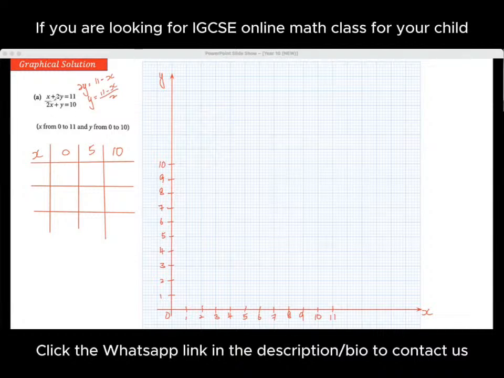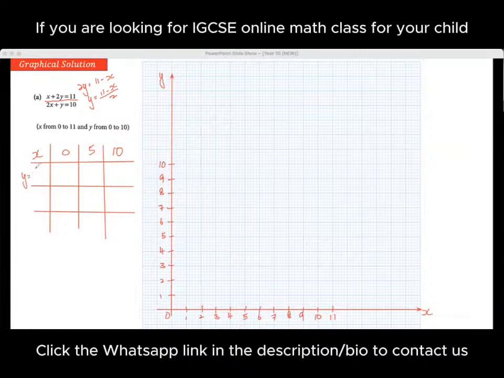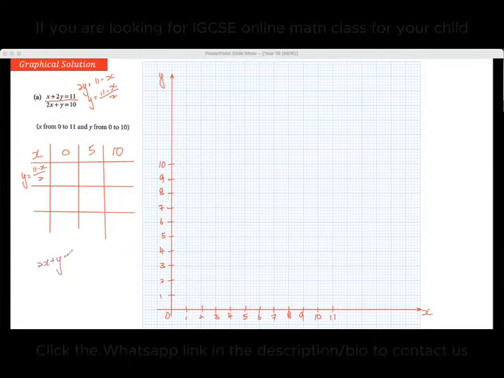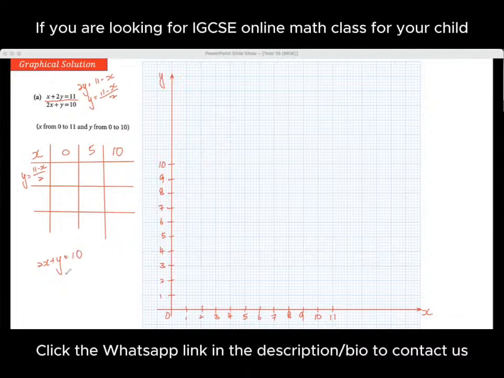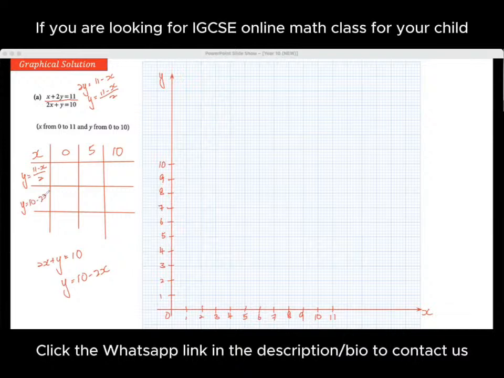So for this equation, I will write y equals 11 minus x divided by 2. And then for this equation, 2x plus y equals 10, if I rearrange it, it will be y equals 10 minus 2x. So here will be y equals 10 minus 2x.